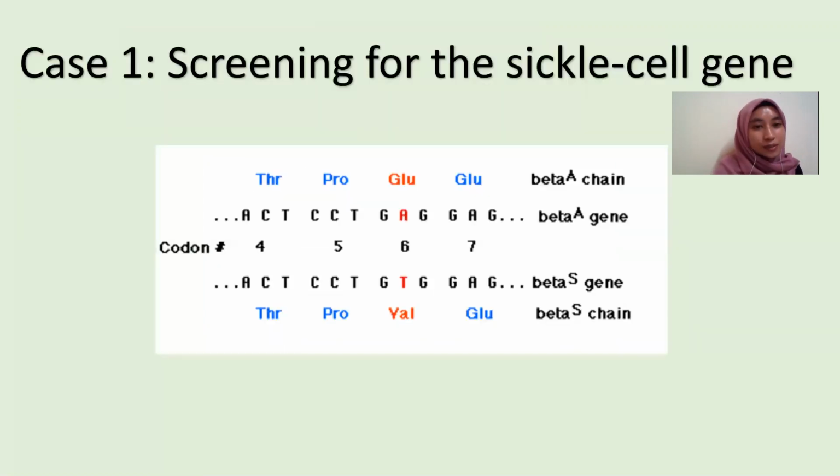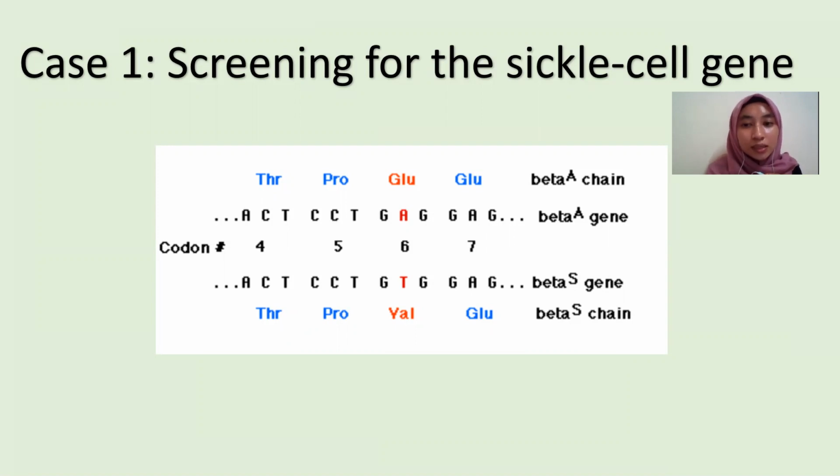Next, I will present the case of screening for the sickle cell gene. Sickle cell disease is a genetic disorder in which both copies of the gene in the patient include the amino acid valine. As you can see here, beta A is the normal individual, while beta S is the mutated one.